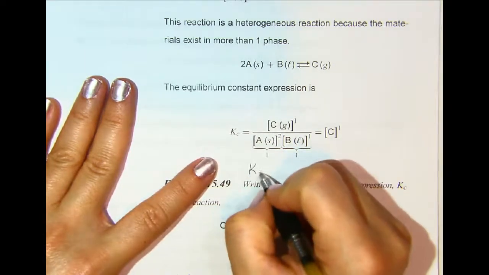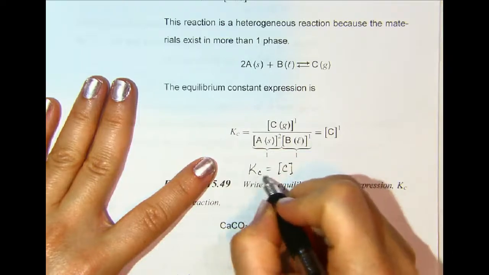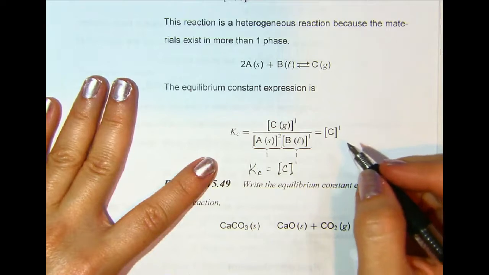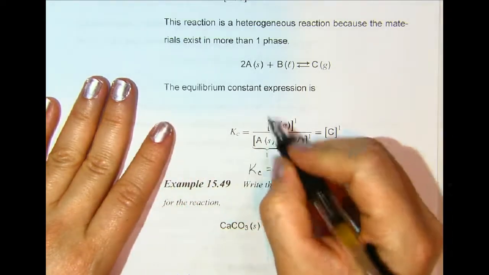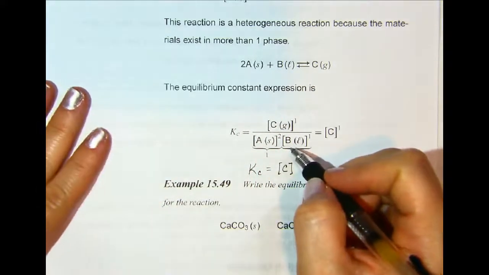Therefore, the equilibrium expression would just be Kc is equal to the concentration of C raised to the first power. So, in the future, you can literally cross out solids and liquids and don't include them in your equilibrium expression.